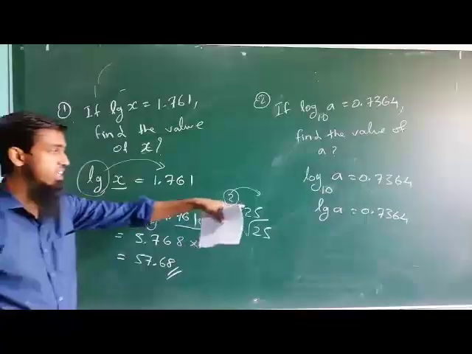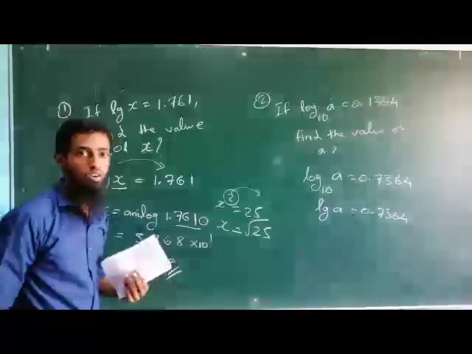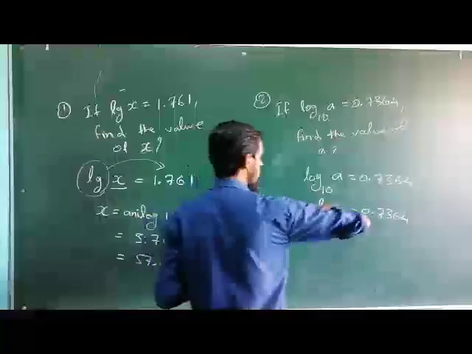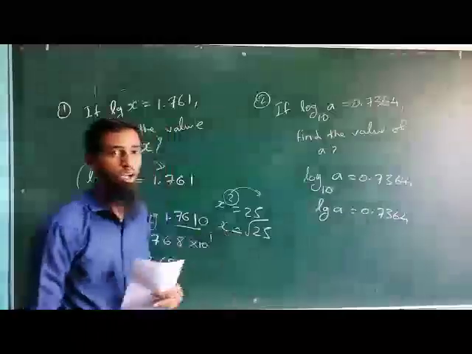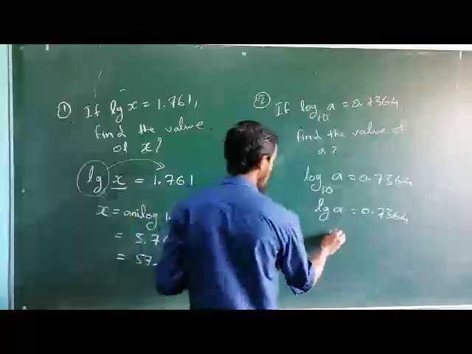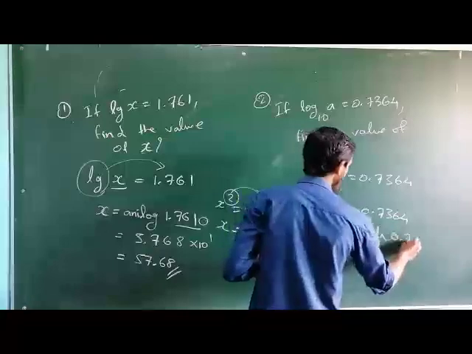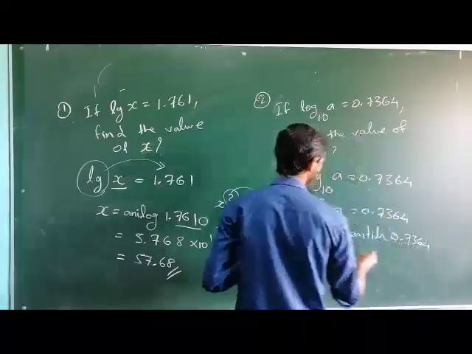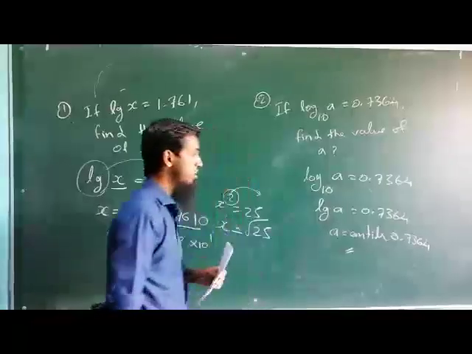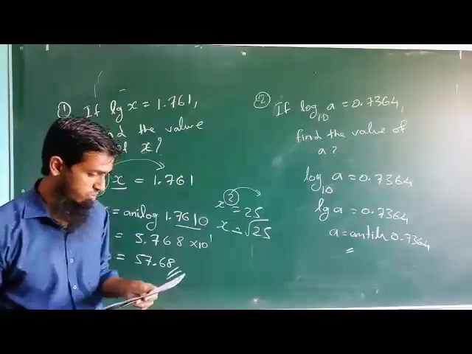If you need to find the A, you need to cancel the logarithm. So how do we cancel the logarithm? Send the logarithm to the other part of the equation. So A equals antilog 0.7364. We need to find the antilogarithm of 7364.